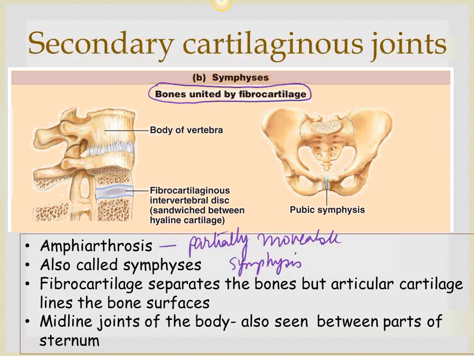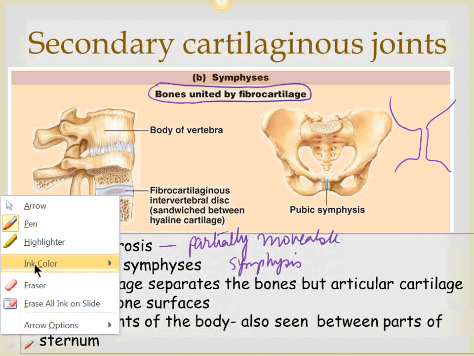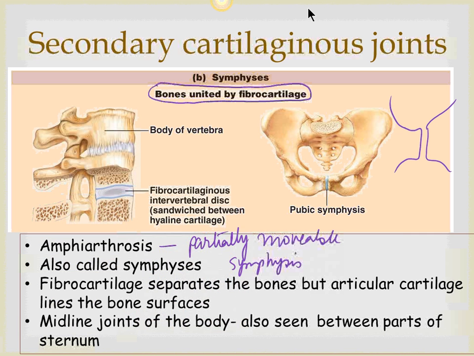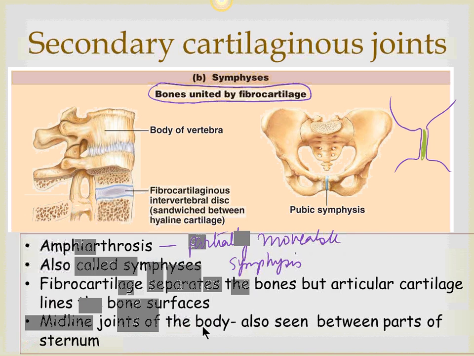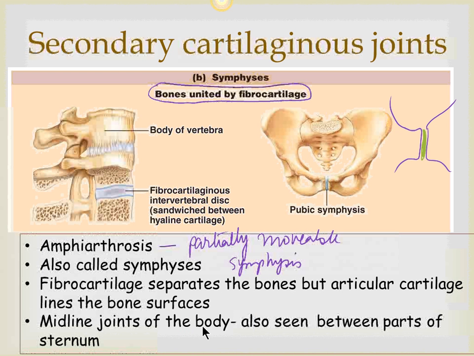So these bones are united by fibrocartilage, the tissue present between the two bones. Let's look at the hip bone, at the pubic region. Here is the fibrocartilage which is separating the two bones. But remember, bones were also lined by articular cartilage. If you remember, we talked about it in relation to long bones: the ends of long bones were lined by articular cartilage.